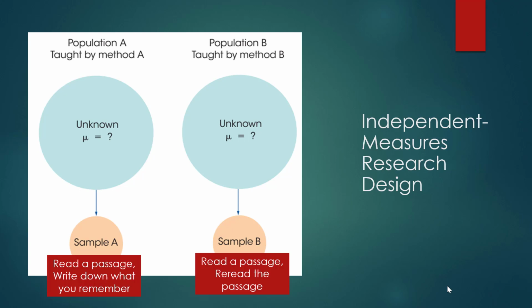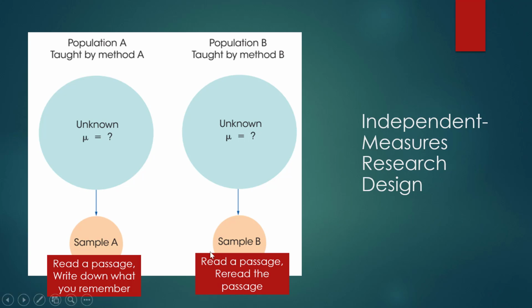And here's just a little bit more of a specific example. So let's say you have your unknown population mean, you pull this sample from them, and they're going to read a passage and write down what they remember. You assume that that sample mean will generalize back to that population. The second group reads the passage and rereads the passage, and then tries to remember what they remember.